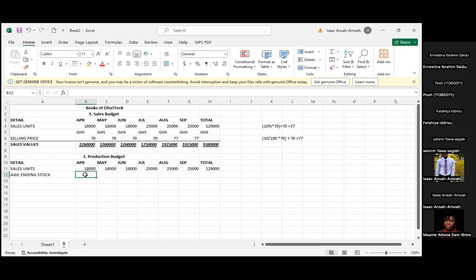Pay attention here, otherwise you get a bit disturbed. The policy says it should be 15% of planned sale for that month.